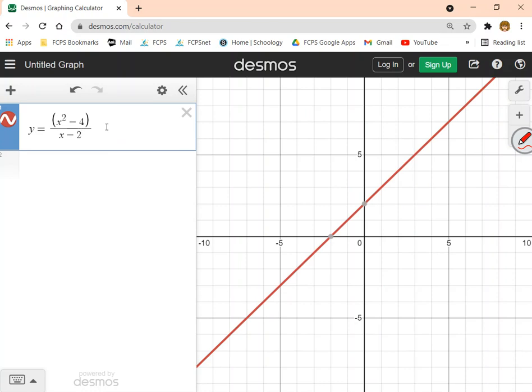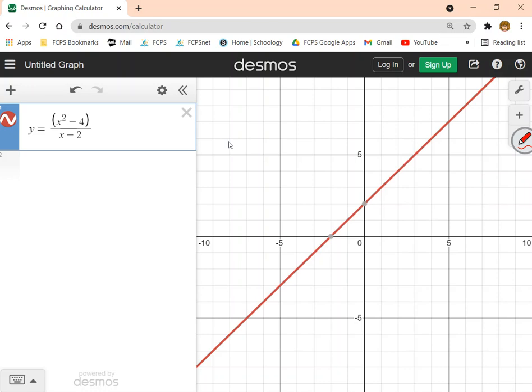Okay, so there's a rational function. Now, this rational function looks like a nice little happy line. Everybody's all good. But when you scroll on it and look at the ordered pairs, whoa, wait a minute. If you pass it too fast, you find there's a hole in that function. It doesn't show up when you just look at it.